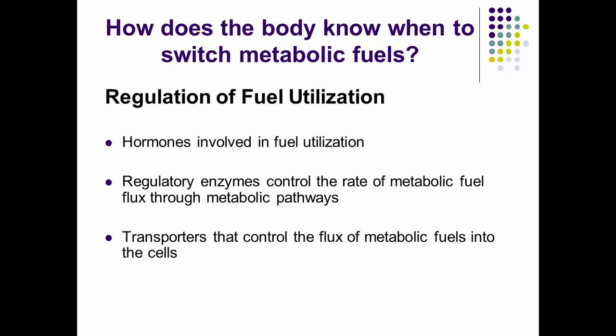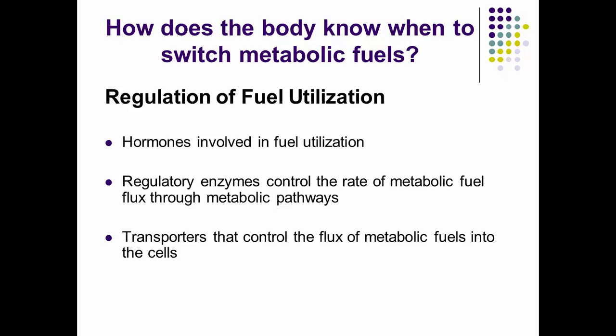Okay, so how does the body know when to switch metabolic fuels? We already mentioned the hormones, right? That's involved in the regulation, like insulin, glucagon, and catecholamines, and also the regulatory enzymes that control the metabolic fuel metabolism. Remember, we just mentioned the key enzymes, right?